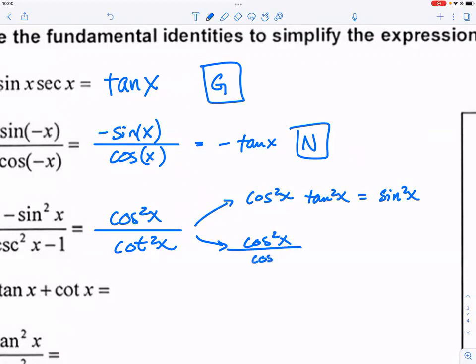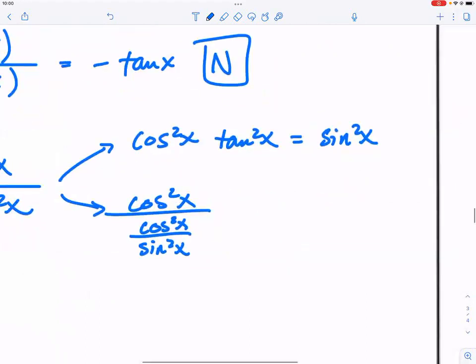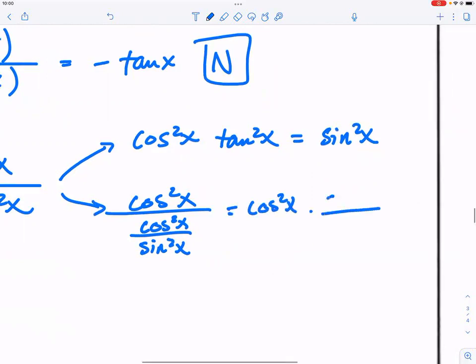You may do this, set it up as a complex fraction. Well, cosine square x divided by this fraction, meaning that you have cosine square x multiplied by the reciprocal of that fraction.